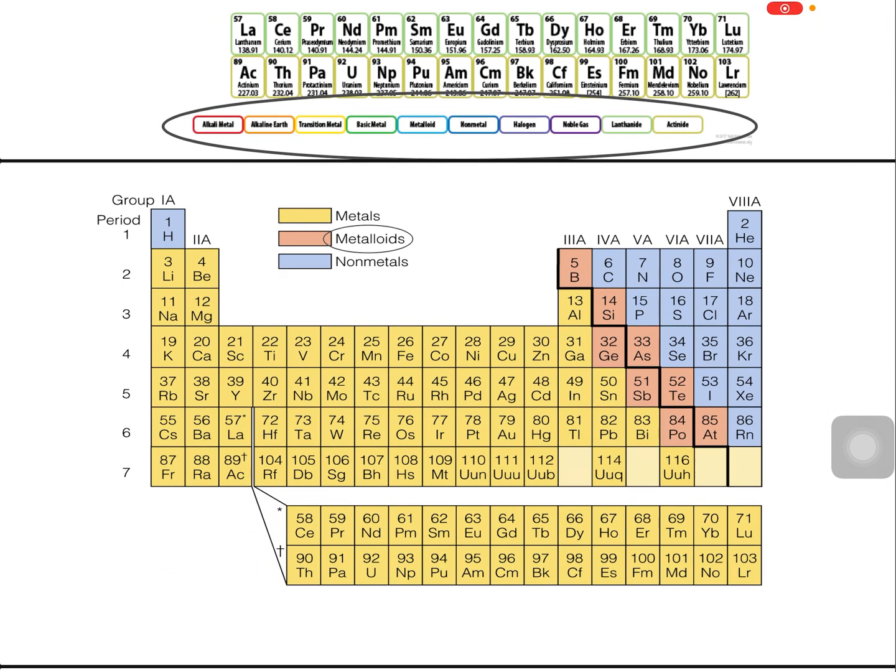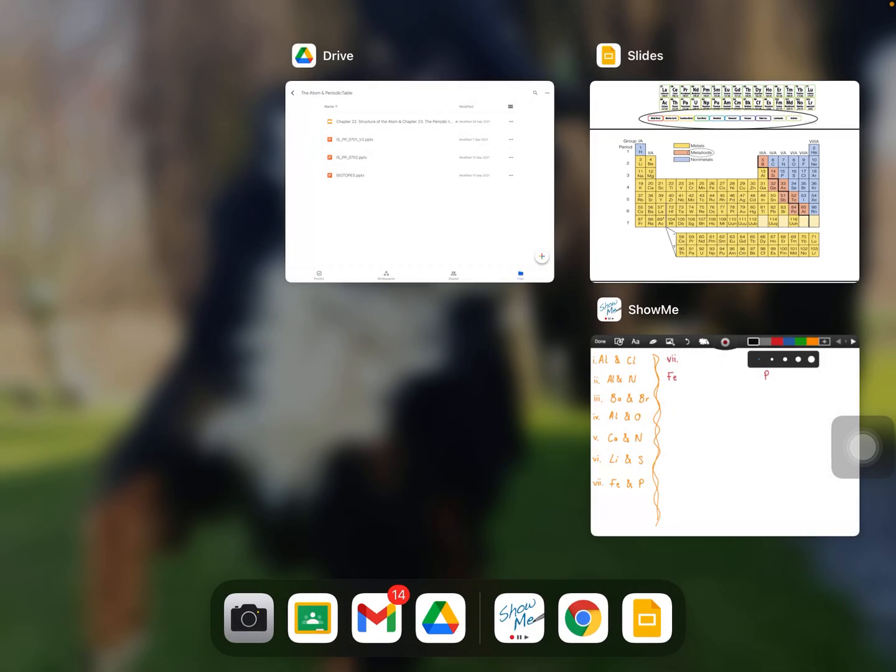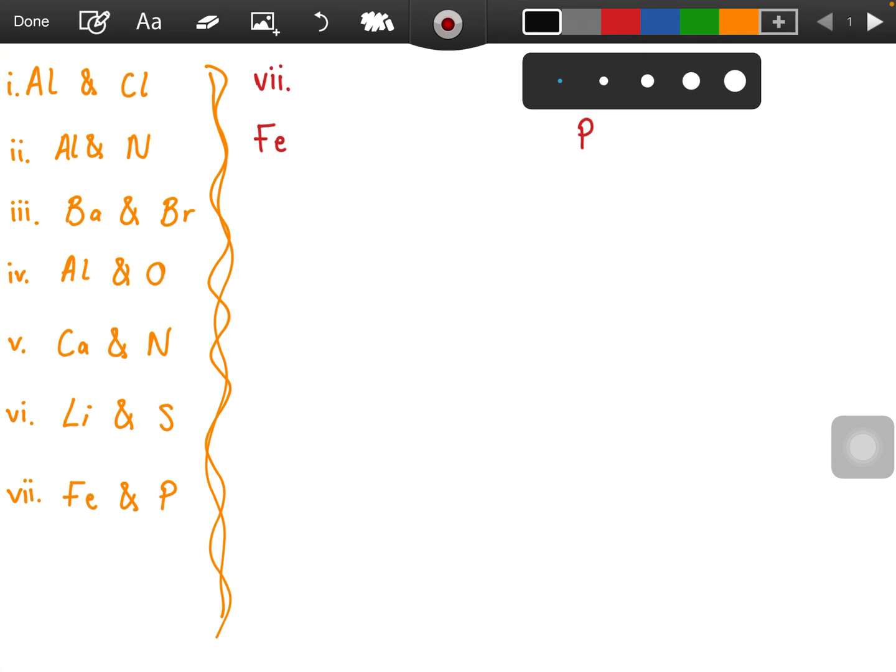Okay, anyway. Iron is in group 2, so it loses 2 electrons. Now I don't know why I cannot find it here, but I'll tell you now, iron loses 2 electrons.